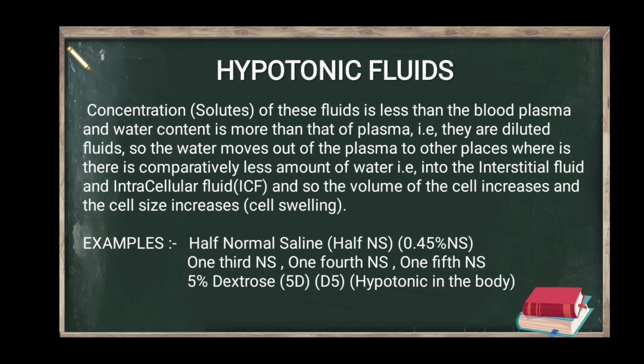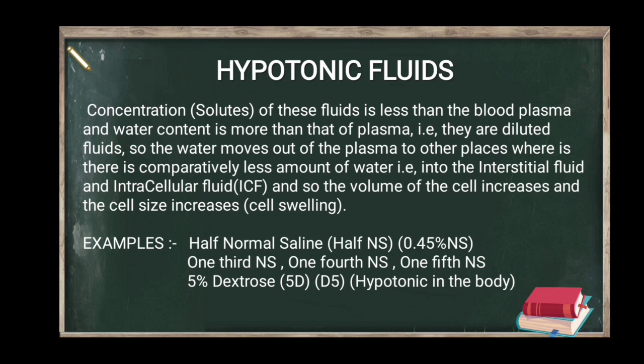Coming to the hypotonic fluids. Hypo means less. That means the concentration of the solutes present in the hypotonic fluid is less than that of plasma. As the concentration is less, the water content should be more. So the water content is more than that of plasma. As water content is more, they are nothing but the diluted fluids.